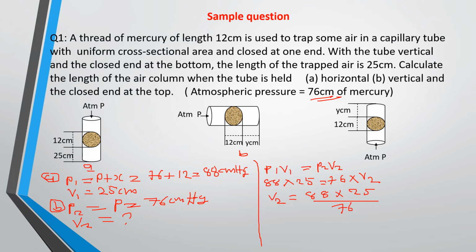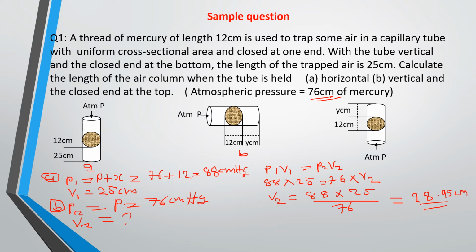If you work this out, you are going to have 28.95 centimeters as your V2 when the tube is horizontal. You've had 28.95 centimeters when the tube is horizontal. Is that okay? So that is for that.